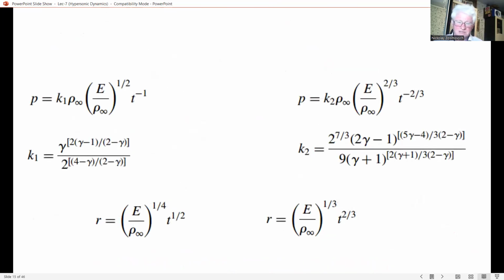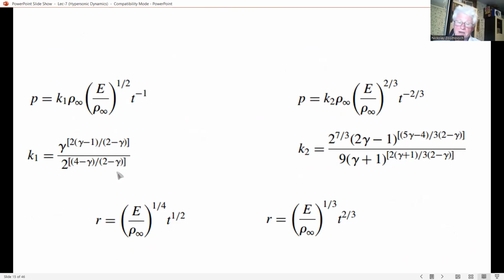Of most interest to us is the pressure given in one research publication for the cylindrical blast wave in these expressions: P proportional to K1 rho infinity, times the square root of E over rho infinity, times t to the power minus 1. Here, the coefficient K1 you may find in these expressions.